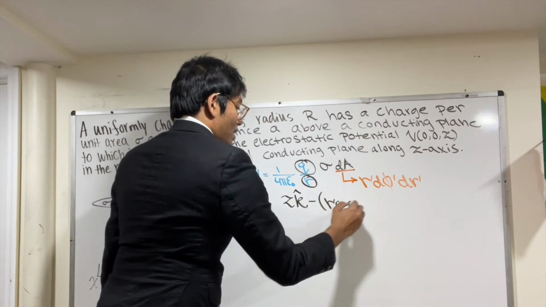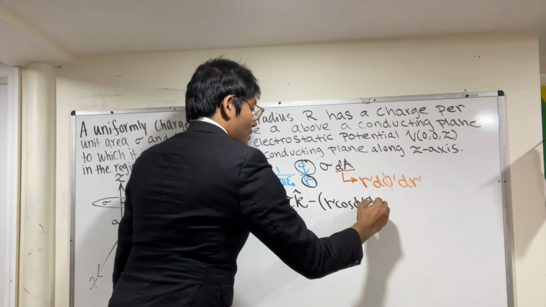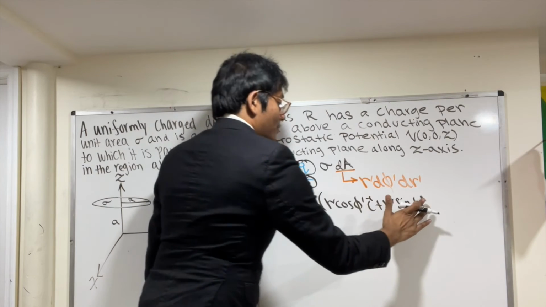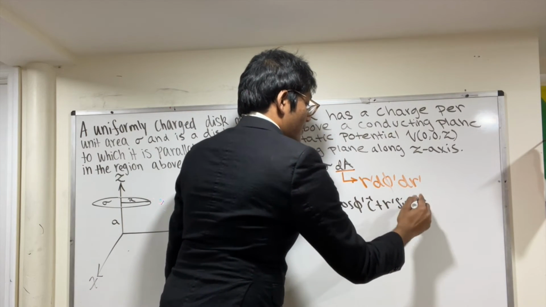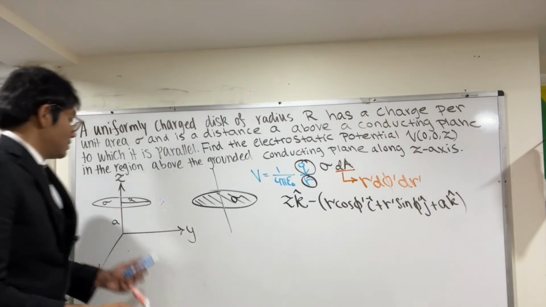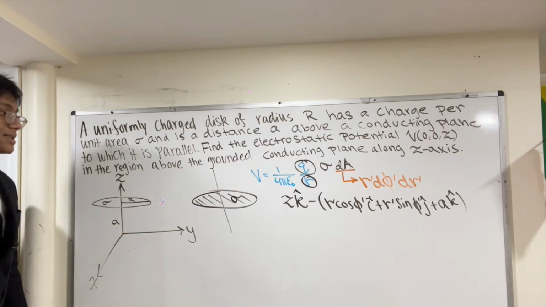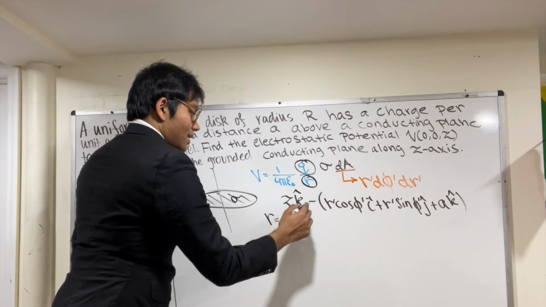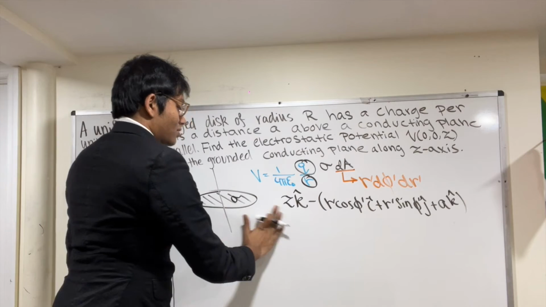So r prime cosine phi prime i hat plus r prime sine phi prime j hat, plus a k hat, where a is where this whole disk is located. So that means r is going to be nothing more than the magnitude of this vector.